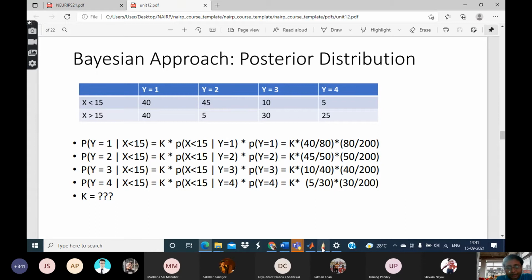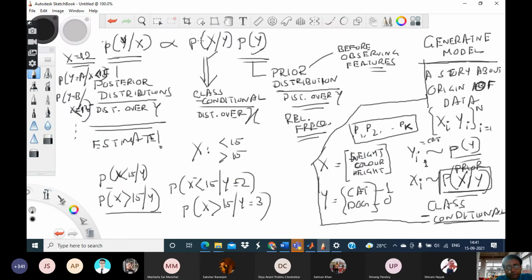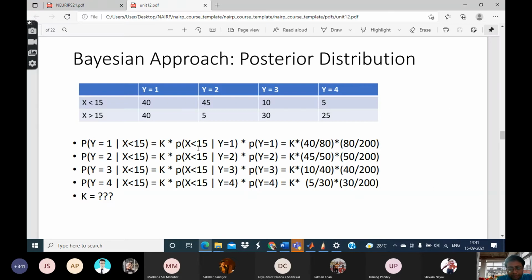The formula is saying this is proportional to p of x given y times p of y. So what is the probability of x given y in this case? It is nothing but the same thing reversed: the probability that x is less than 15 given y equal to 1, times p of y, the prior probability, which is p of y equal to 1.